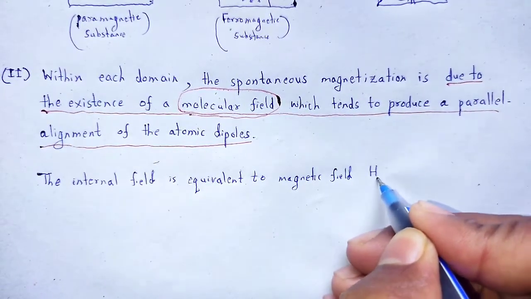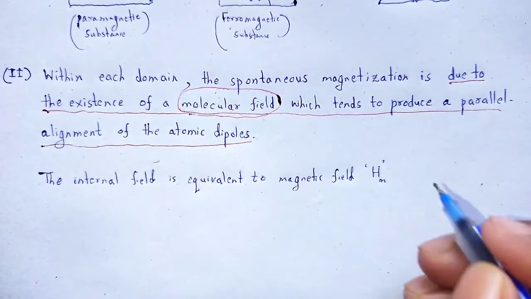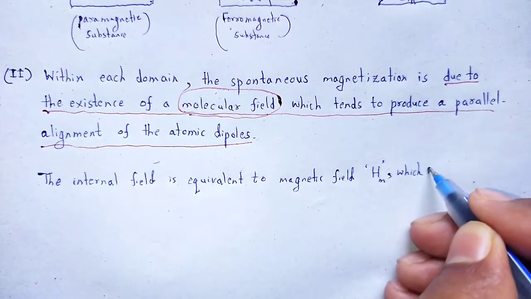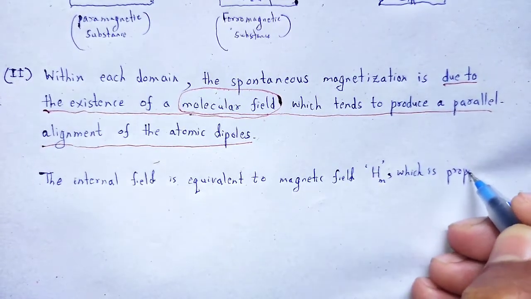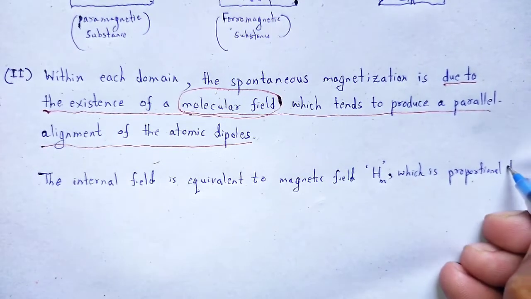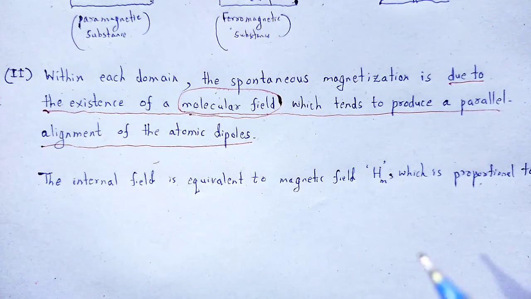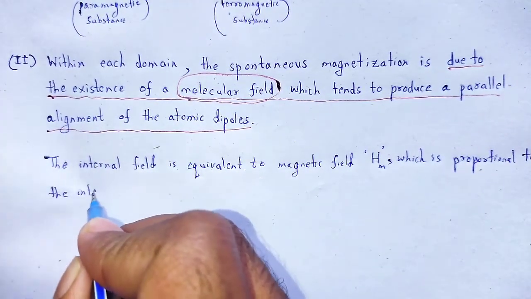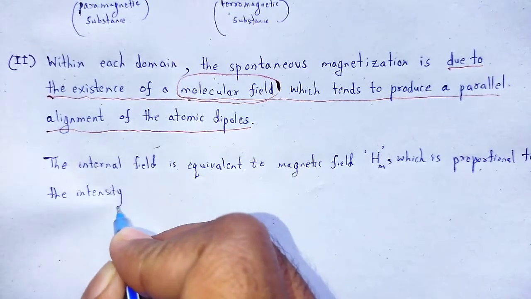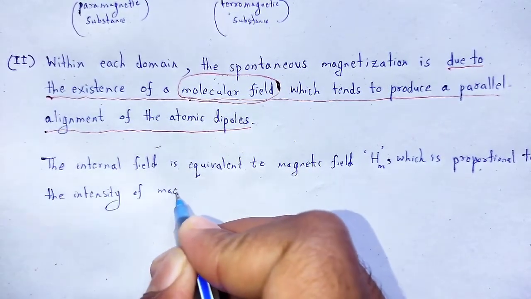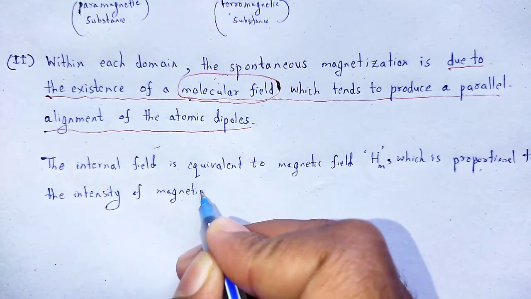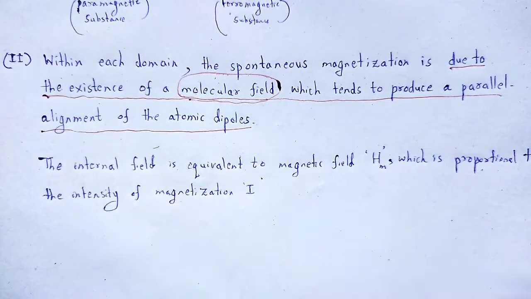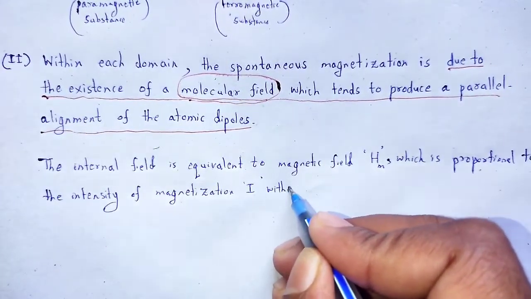Let that magnetic field be Hm, and that Hm is directly proportional to the intensity of magnetization I within a particular domain.